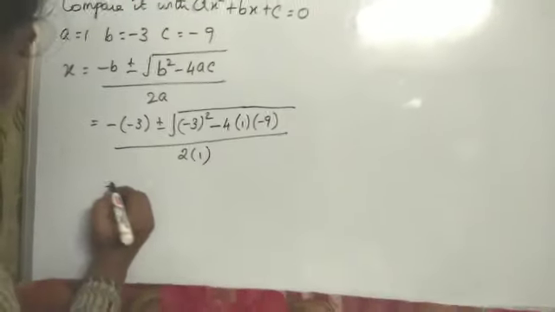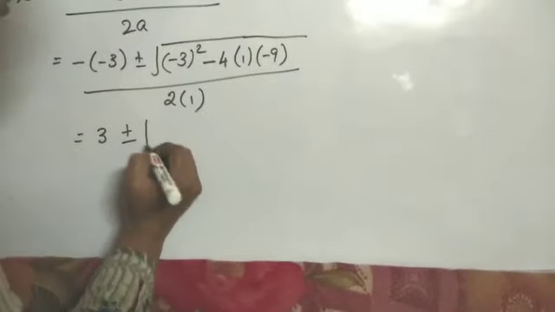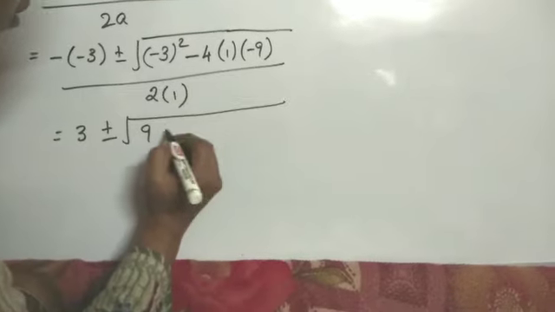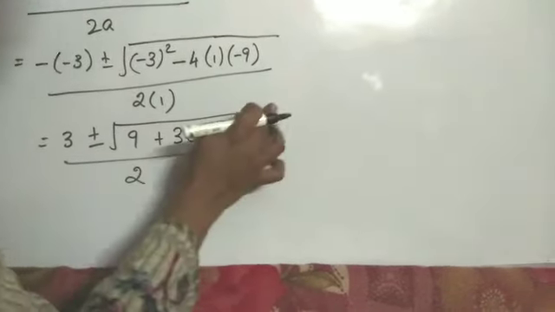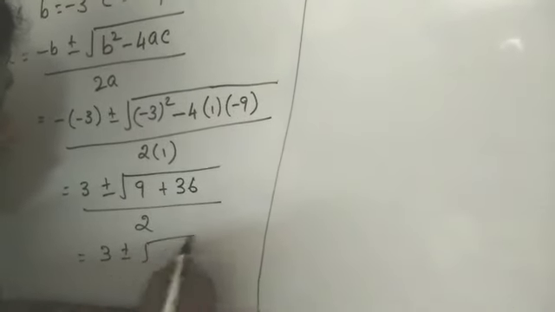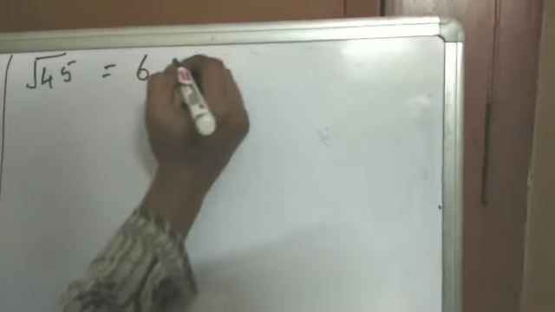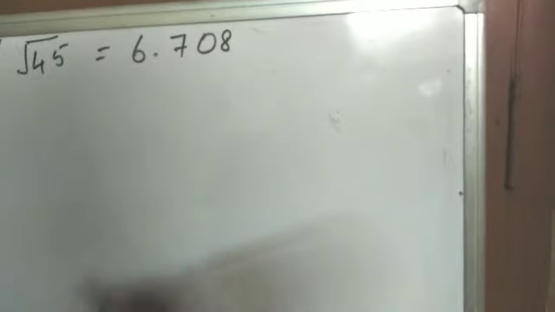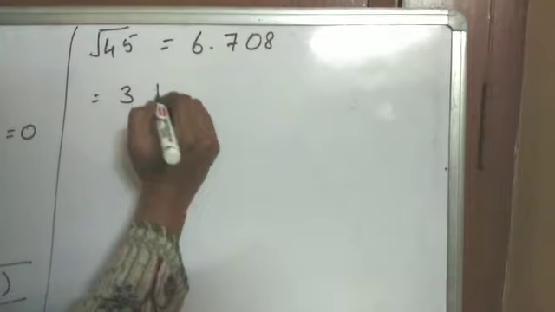Then 3 plus or minus under root 9 plus 36 upon 2 is equal to 3 plus or minus under root 45 upon 2. So under root 45 is equal to 6.708.